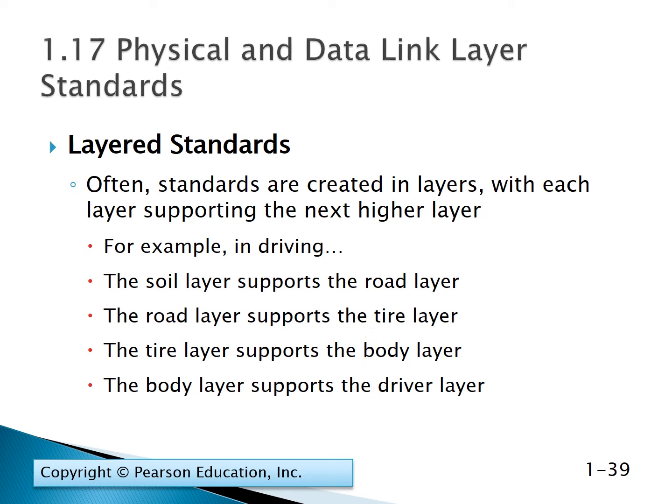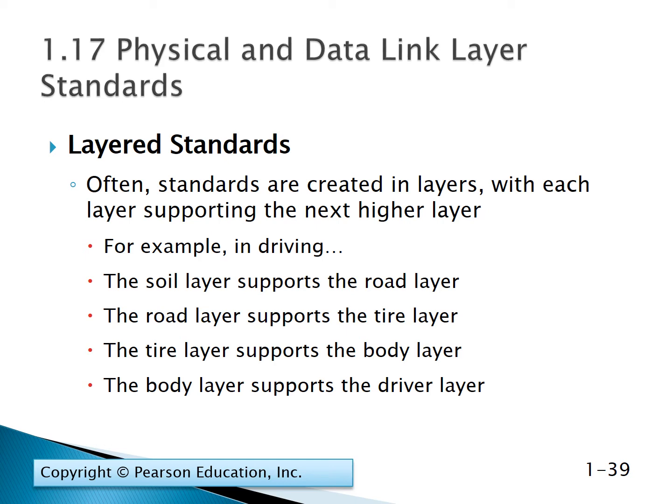When you are trying to pave a road, the road only needs to know how the tires are going to work. It supports the tire, but it does not need to worry about the car's body or the driver. So each layer is supporting the next higher layer.